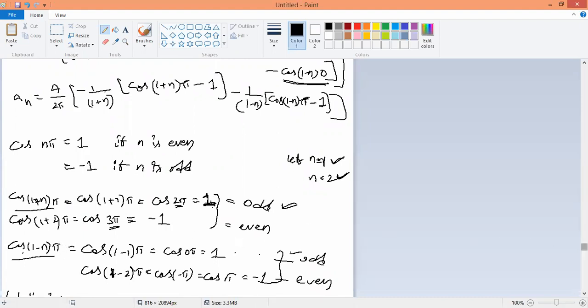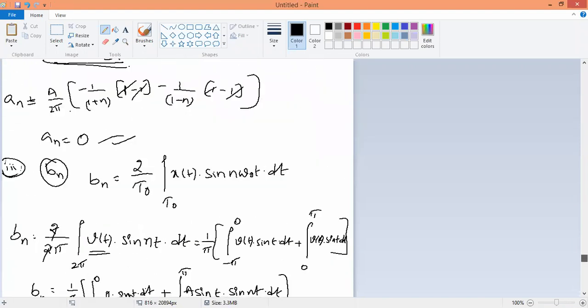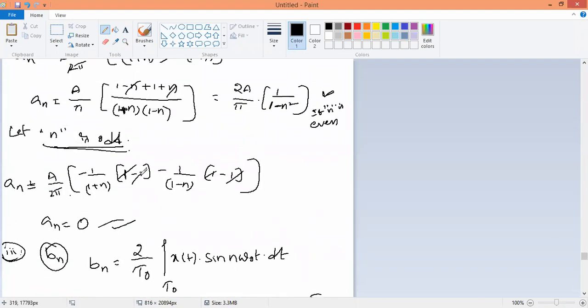Now next, substitute both values. 1 minus 1, 1 by (1 minus n) into cos of (1 minus n) pi value is 1, 1 minus 1. Here both will cancel. 1 minus 1 value is 0, here also 1 minus 1 value is 0. So 0 multiplied, we can get 0. 0 minus 0 is 0. 0 into a by 2 pi into 0 value also 0. So a naught is 0. This is the a naught value.